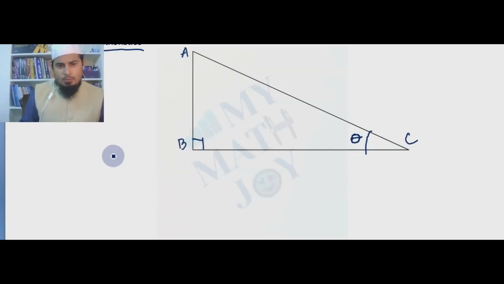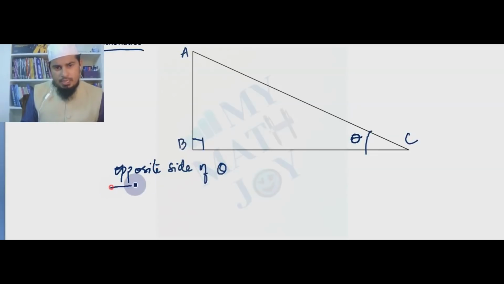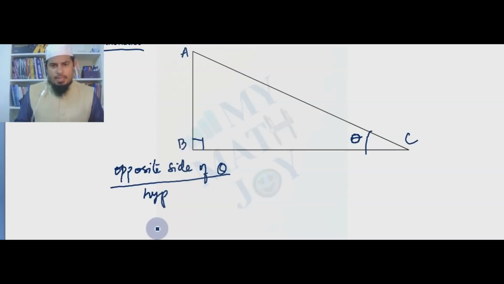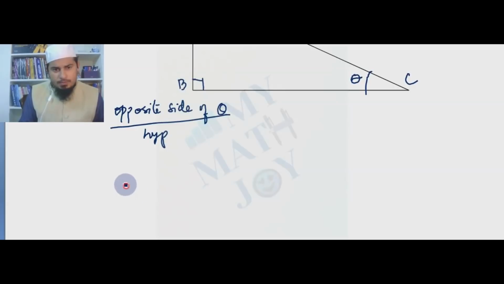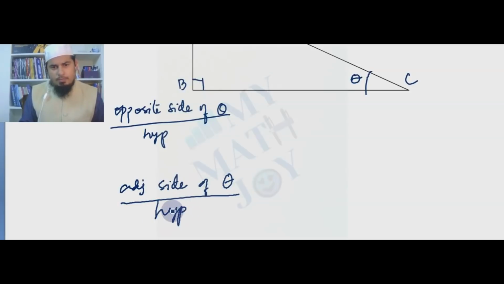Then one ratio can be like this: opposite side of theta by hypotenuse. There can be one ratio, adjacent side of theta by hypotenuse.